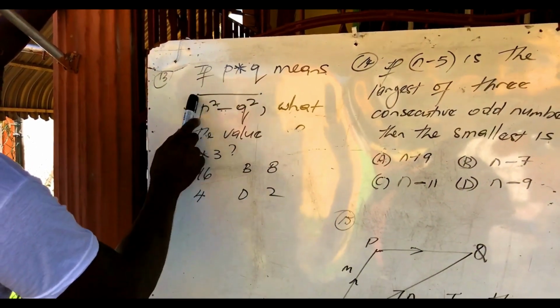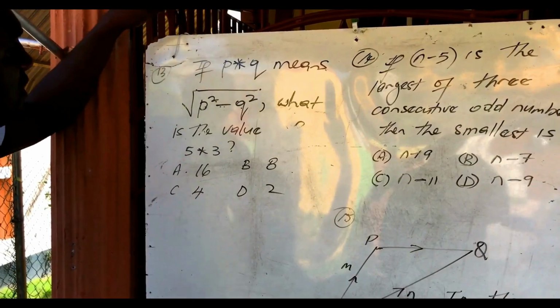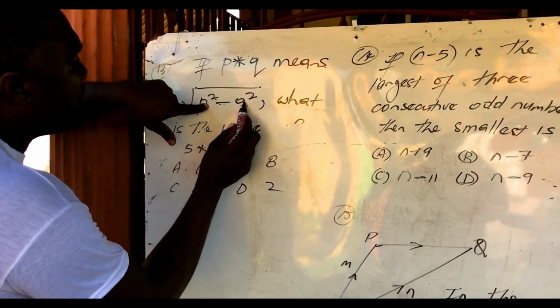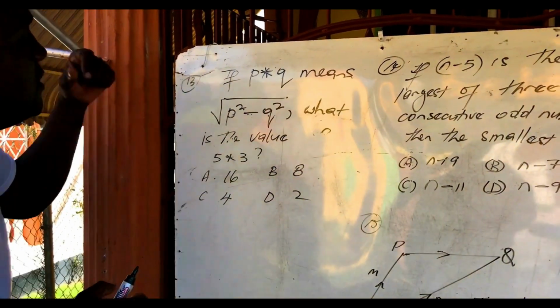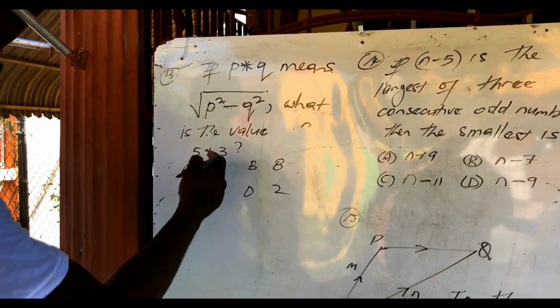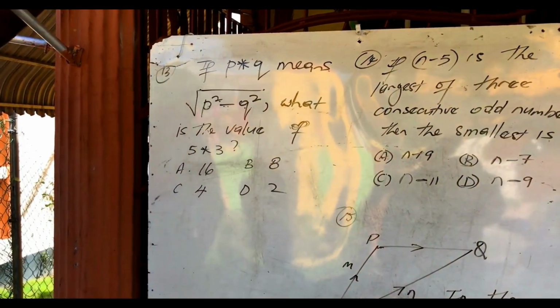So if P operation Q means the square root of P squared minus Q squared, and we have seen where P squared minus Q squared is representative of the difference of two squares, which is underneath the square root sign here. What is the value of 5 operation 3?